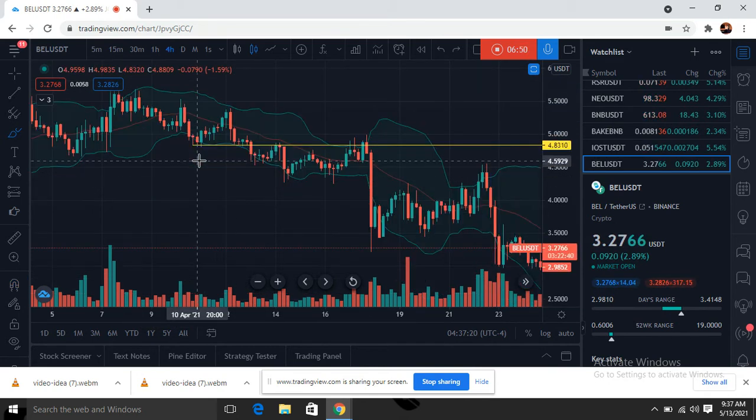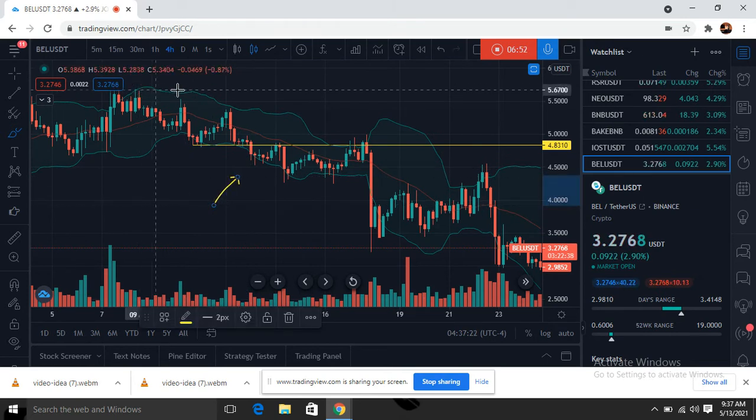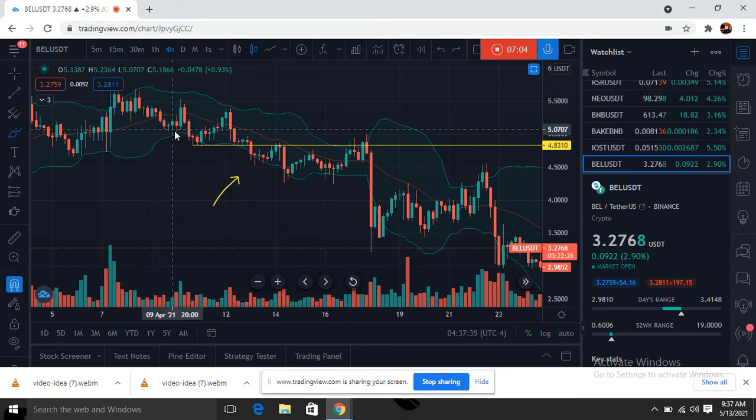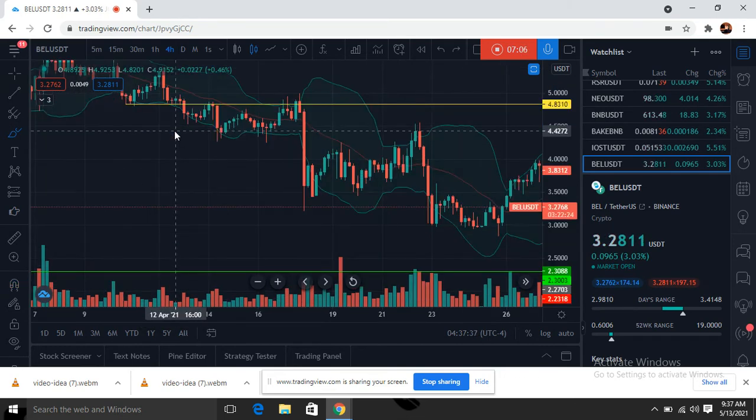You see what happened after it was formed here: the market started coming down. It came back up, but at this point you should know the market will come down a little until you see something else forming.